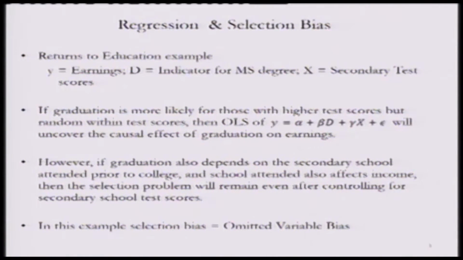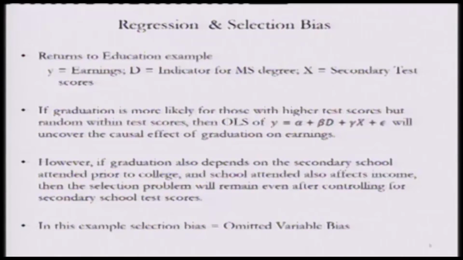So, let us take a specific example to understand this. Suppose we take the example of returns to education, and let us say D is an indicator of whether a person has a master's degree or not, and we want to understand whether a master's degree actually leads to higher earnings potential for the individual: higher wages, higher earnings, higher income, and so on.